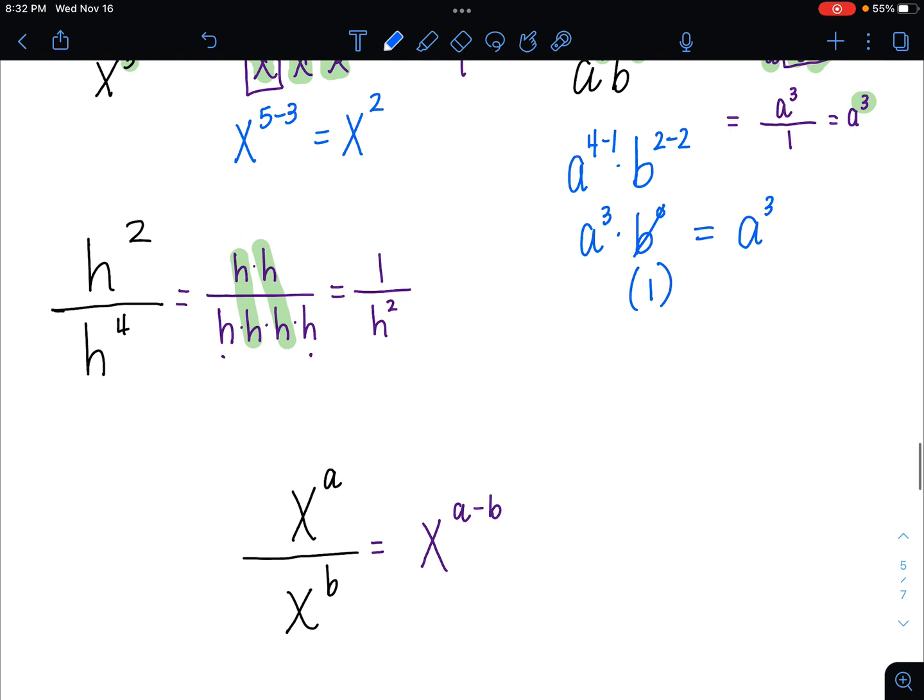All right, then this last one, this is where it's a little bit different. We have h to the power of 2 minus 4, because the 2 is our numerator, the 4 was our denominator. So this one is actually h to the power of negative 2.